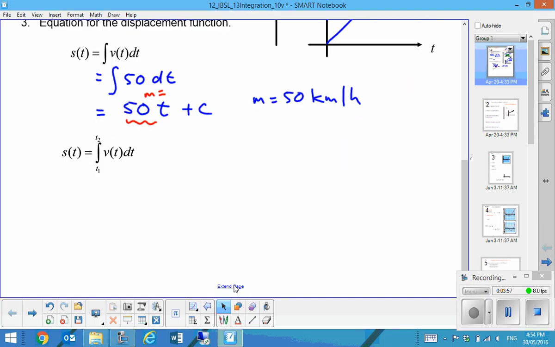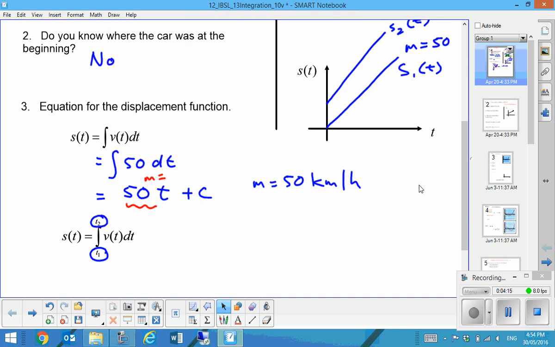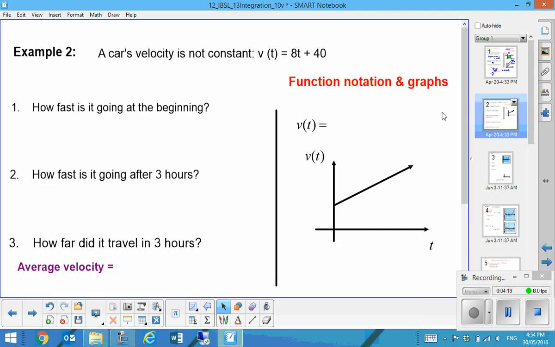If we want to actually get the displacement, then we just use our definite integral and we use T1 and T2. We can substitute those times in to find the exact displacement during that time. So that's a nice simple example. Let's step it up, and in this case, we've now got a car where the velocity is not constant.